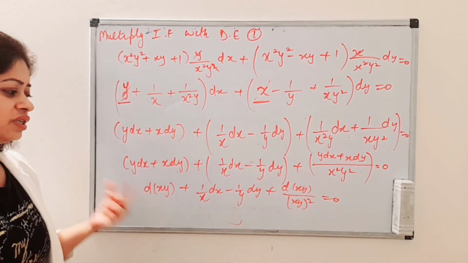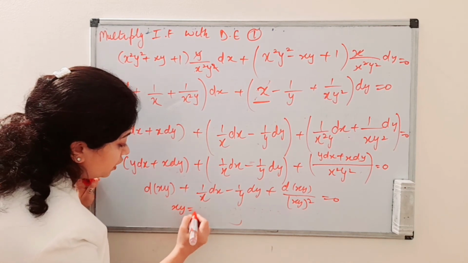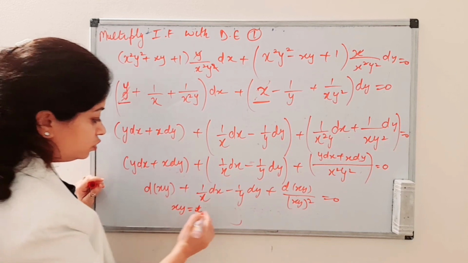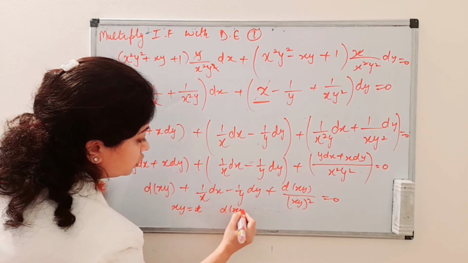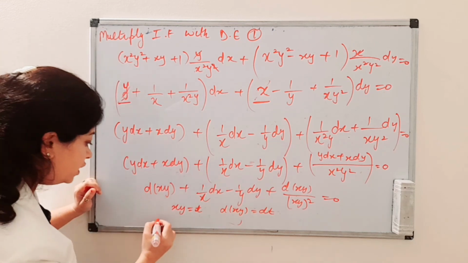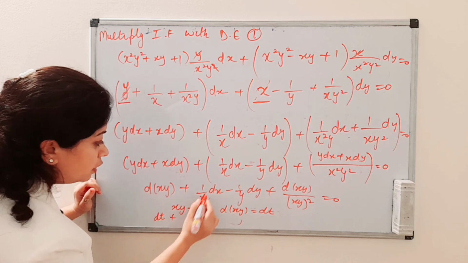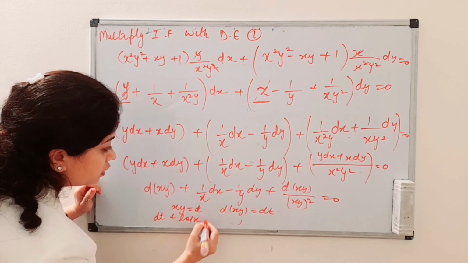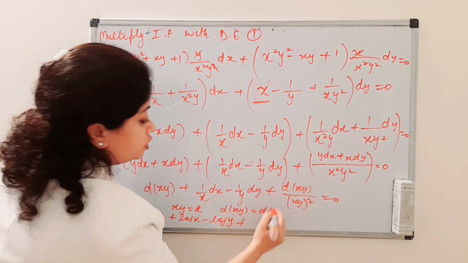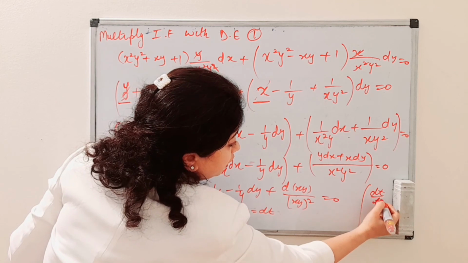Now we need to just integrate. If I substitute xy equal to t, then d of xy is equal to dt. So this is dt plus, integrated, it will be log x minus log y plus dt upon t square.